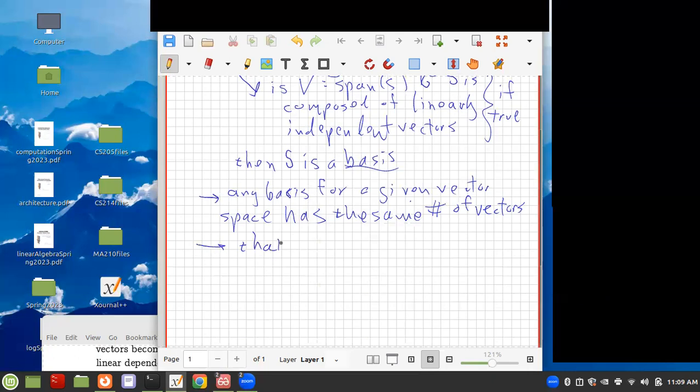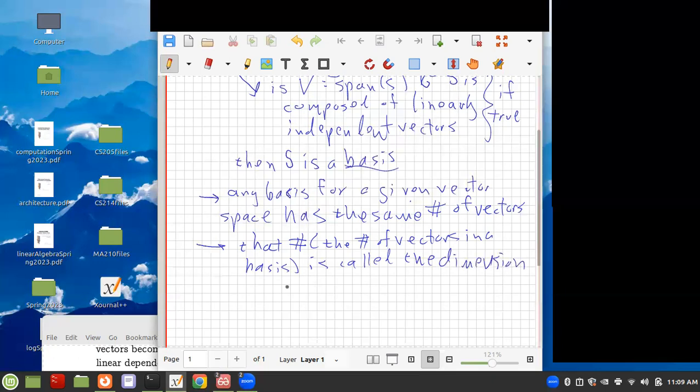That number, just the number of vectors in a basis, is called the dimension of V. So the dimension is a property of the space spanned by the set S. You can discover what the dimension of V is by finding how many vectors are in the basis.